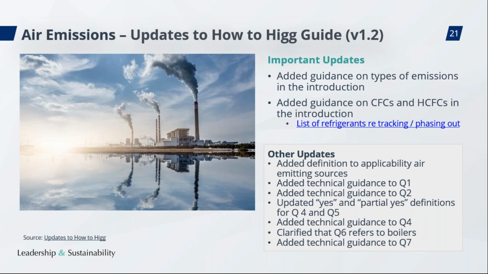If CFCs and HCFCs, ozone depleting substances, are used on-site, solutions to phase out these gases should be considered. One solution is to use substances with low GWP, global warming potential, such as HFOs in the application of refrigerants, aerosol propellants, and foam blowing agents.